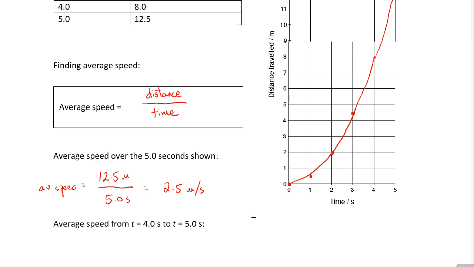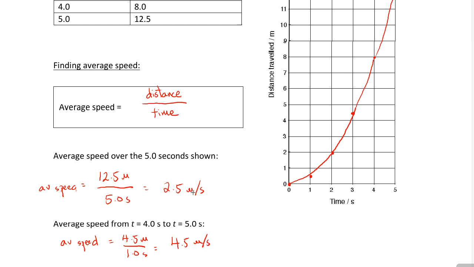Okay, I could also ask though, what's his average speed from 4 seconds to 5 seconds? So from 4 seconds to 5 seconds, he's gone 4.5 meters, 12.5 minus 8. So his average speed in that time interval is 4.5 meters divided by, that's only 1 second, and that's 4.5 meters per second.